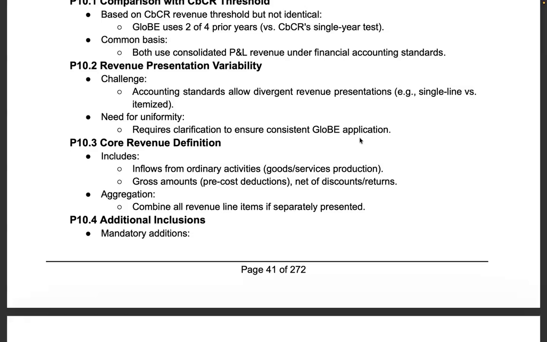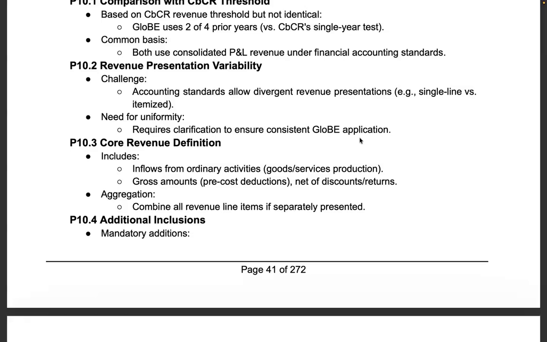Now, coming to paragraph 10.3, core revenue definition, that includes inflows from ordinary activities. Now, since we are addressing the definition of core revenue, it would include inflows from ordinary activities. We call it SIGA, right?